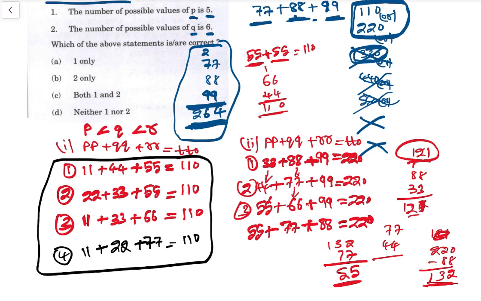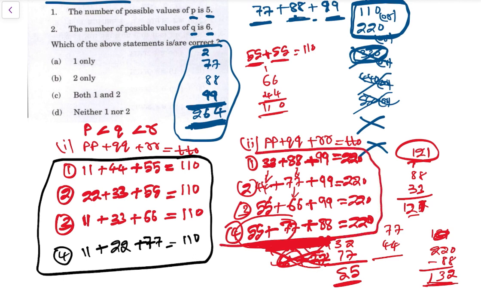Then another 88, plus 66 plus 55, but that has already come here, so this case is not possible. With 88 only one case is possible. Then 77 plus 66 55, but 77 already came, so this is also not possible. So this is the last possible case. So for 220 also we got 4 possible cases, okay.